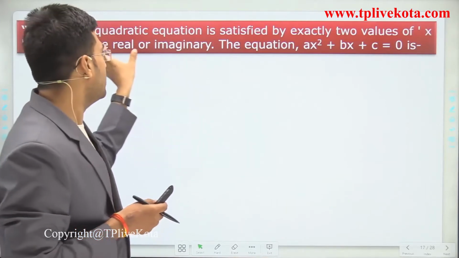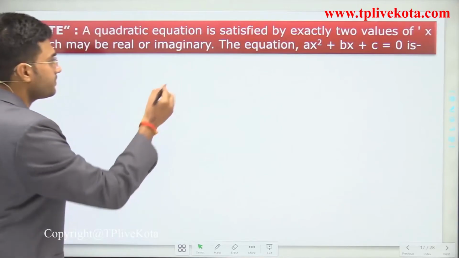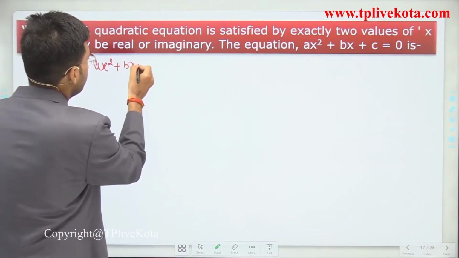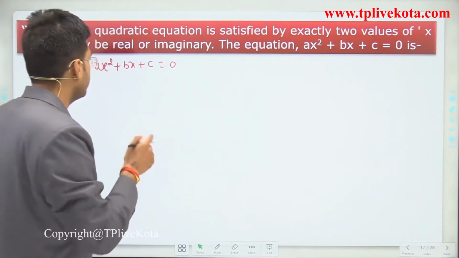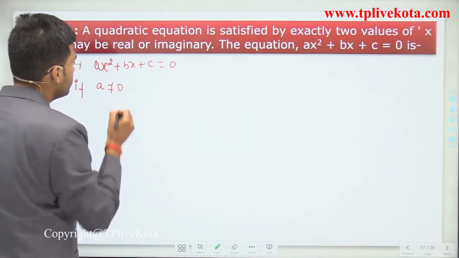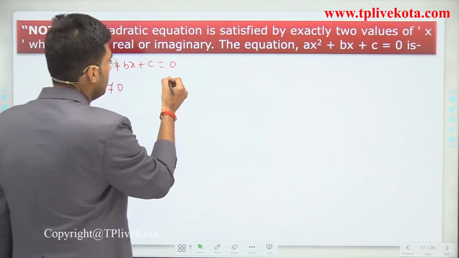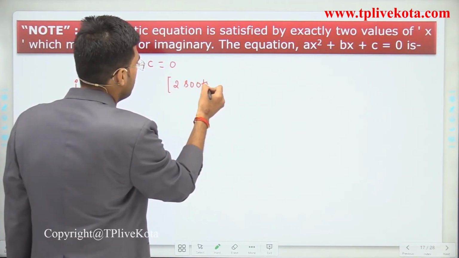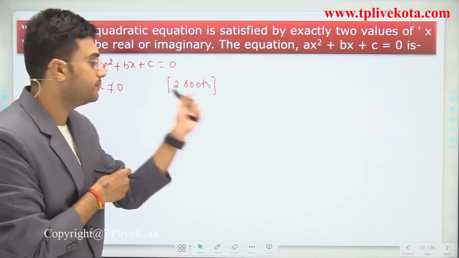For example, this is the equation ax square plus bx plus c equal to 0. Clear? Now, if a is not equal to 0, then this equation has two roots.